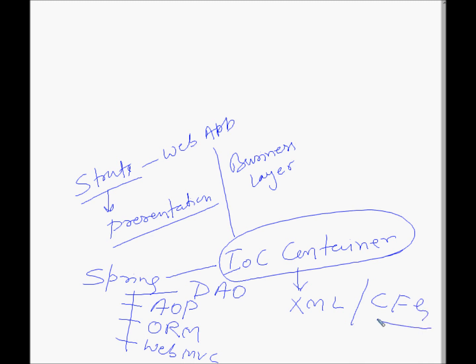What are we achieving by doing this? We are reducing the coupling in the application. We are not creating objects in applications, we are getting them from somewhere. So it is very loose coupling, and if we have loose coupling in our application, maintainability will be higher, and it will have high reusability, I can say, right?